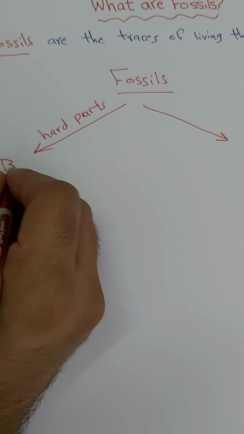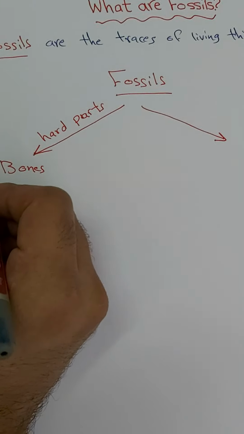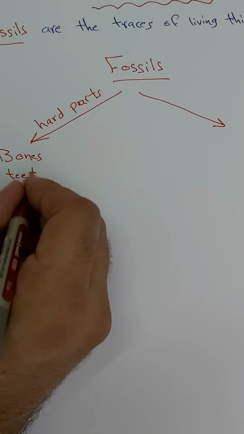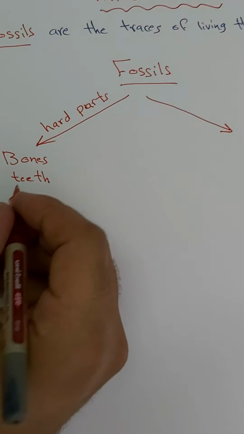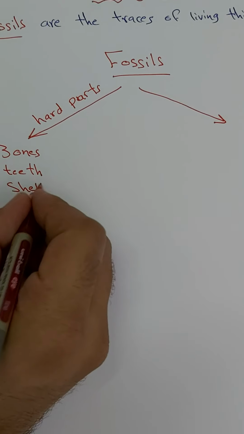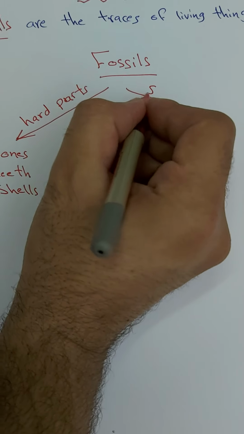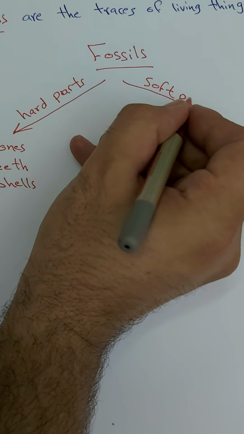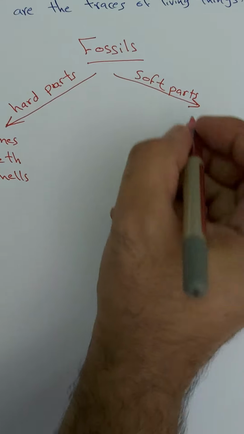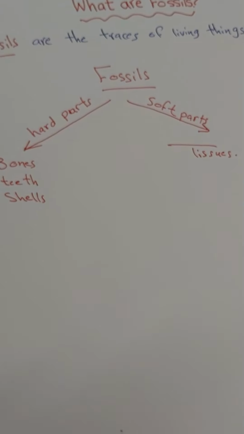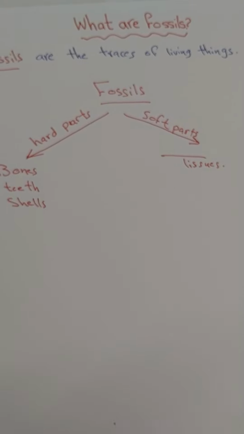Like bones, teeth, or shells. Or fossils can be made by soft parts. And soft parts means what? Tissues, like the skin.